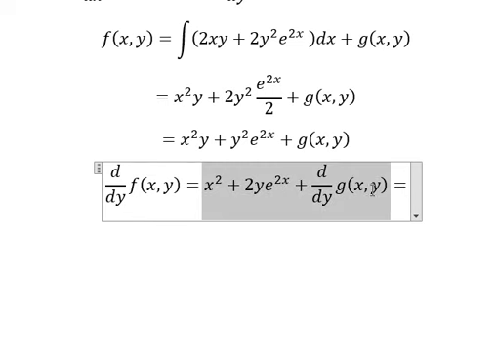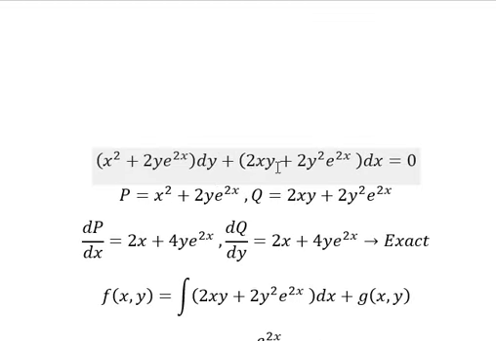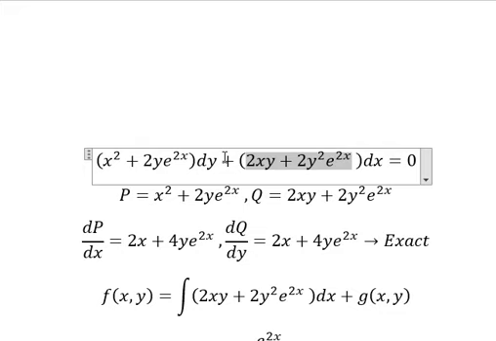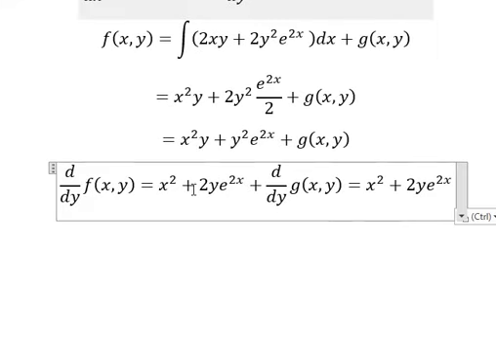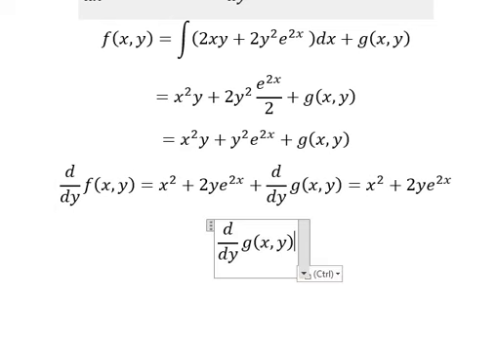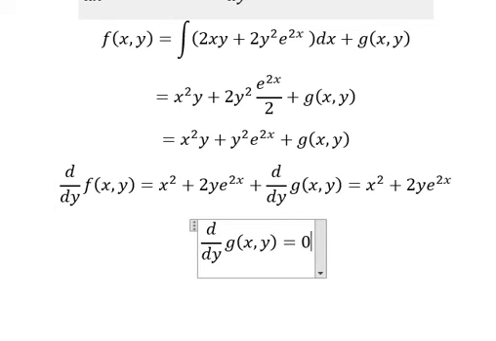So we know that this one equals to this one. And now we simplify for both sides, and you got number 0.